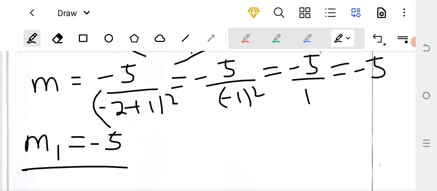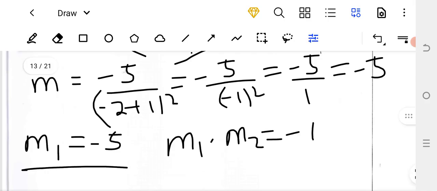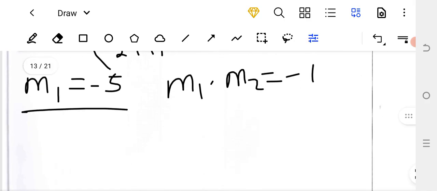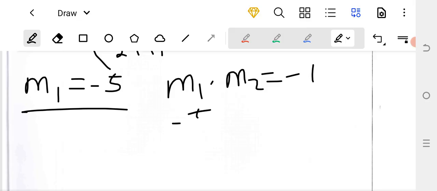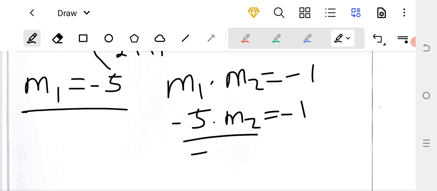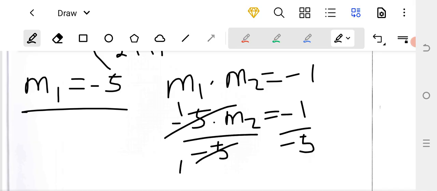So let's find our m2. m1 times m2 is equal to -1. -5 is our m1, times m2 is equal to -1. We divide both sides by -5. -5 into itself is 1.